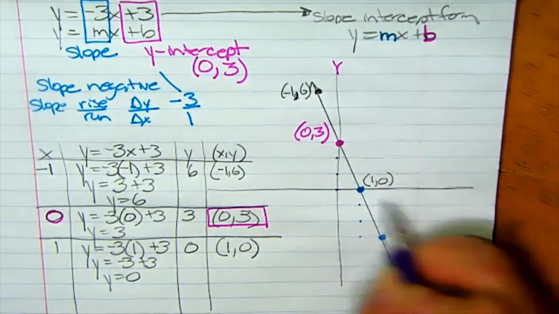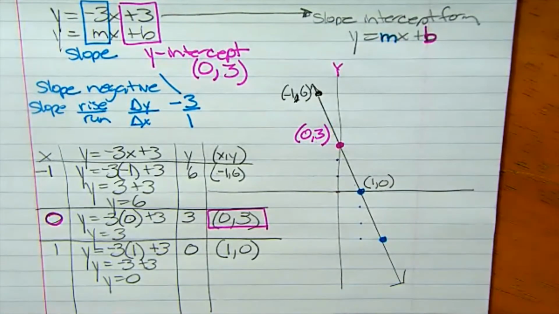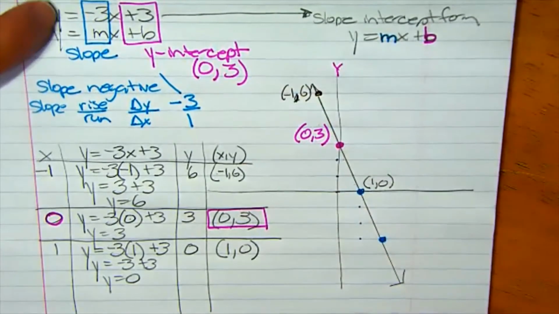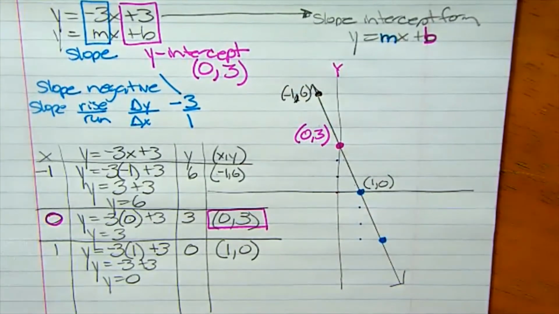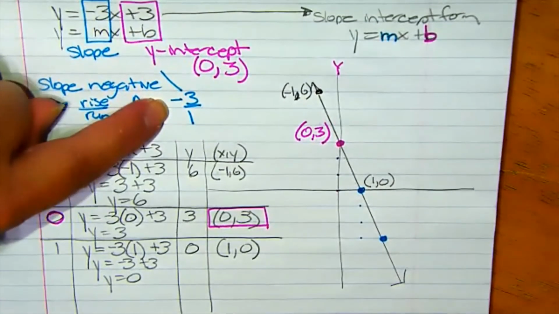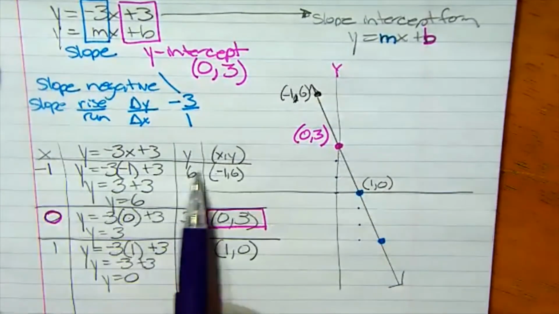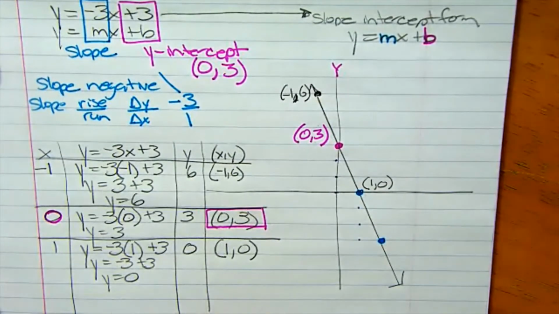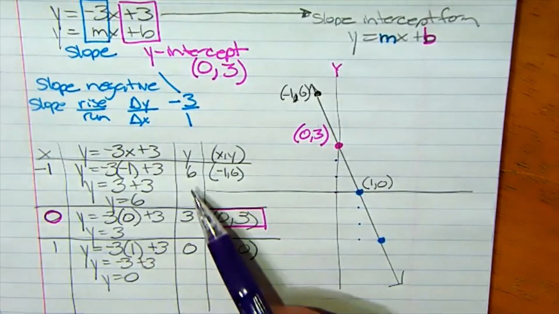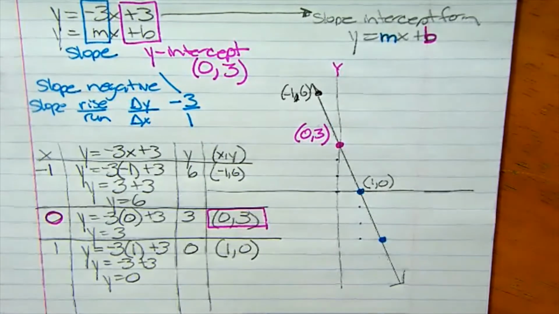I already have it, 1, 0. So I was able to graph this linear equation 2 different ways. I used my y-intercept and my slope from the equation, but I can also use a table. I get to choose my x's that will determine my y's, which create ordered pairs. There we go.